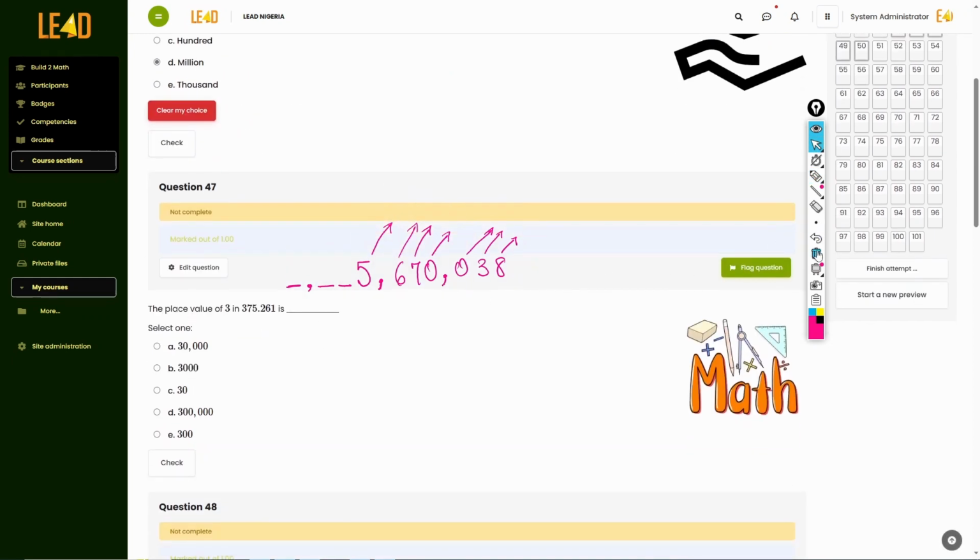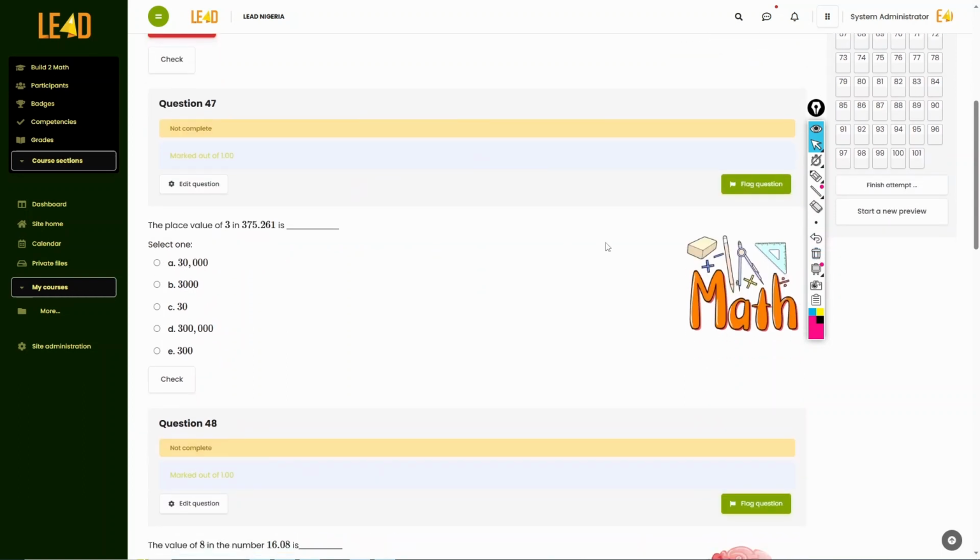47. What is the place value of 3 in that? Okay, so this can sometimes be a bit tricky. We have 375.261. Here, this decimal point means that your unit starts here. This is where we have the whole numbers.